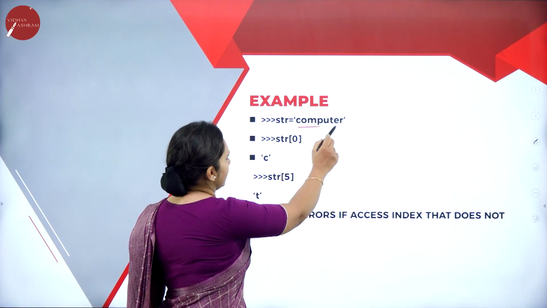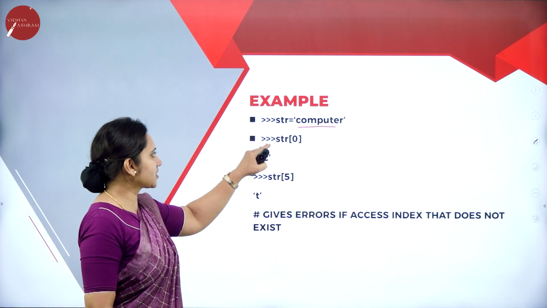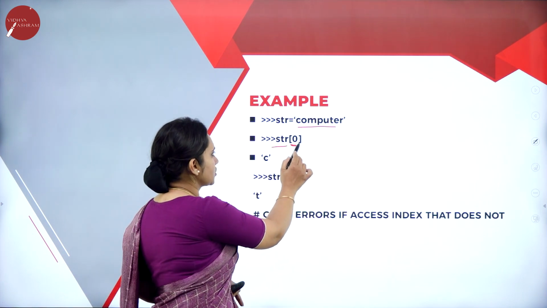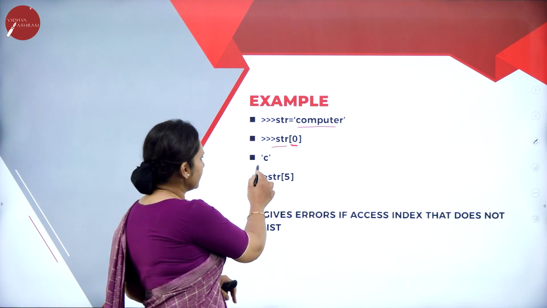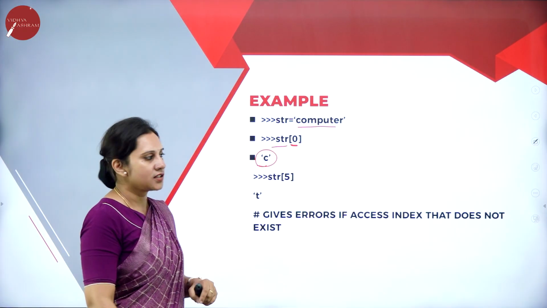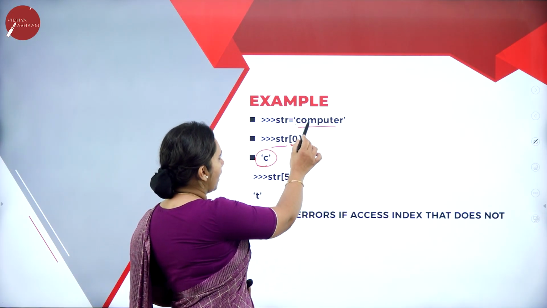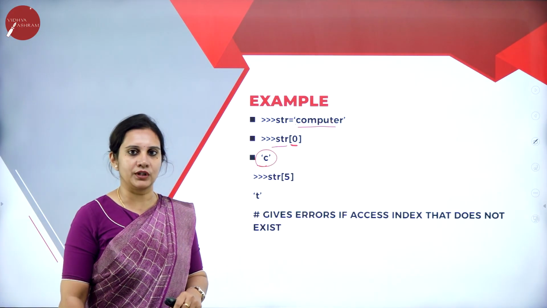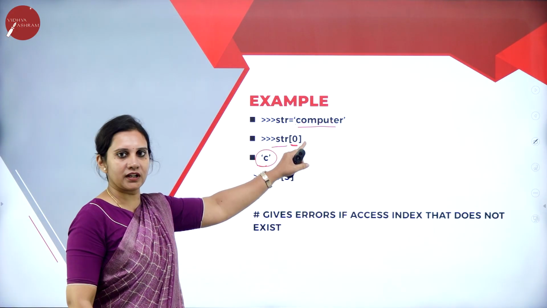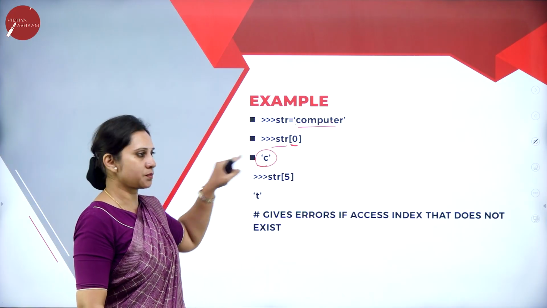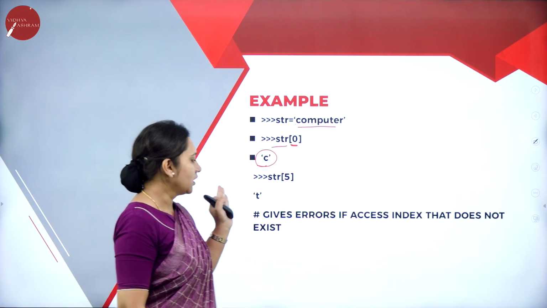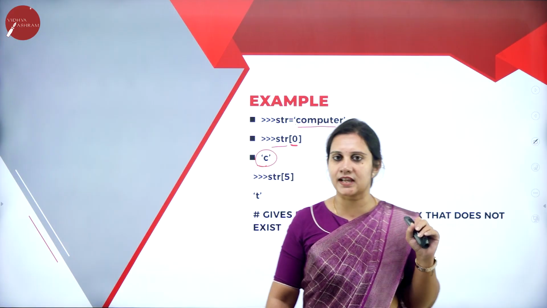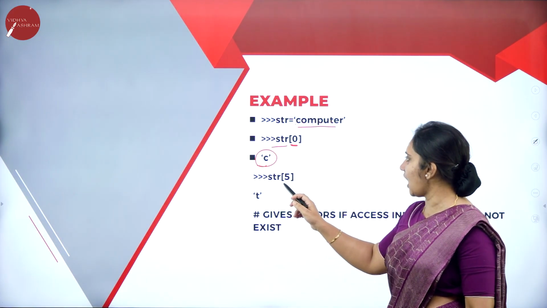I have taken the string computer. If I mention str[0], it gives the character C. Here there are 7 Unicode characters, indexed 0, 1, 2, 3, 4, 5, 6. So the first one, if I give 0, displays C. In the next example you can see str[5].